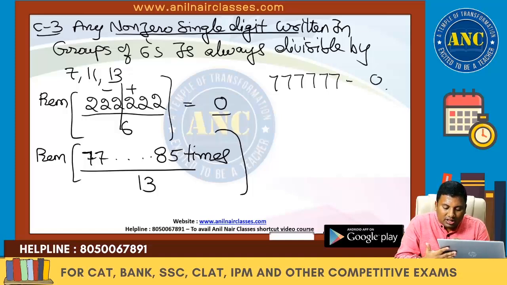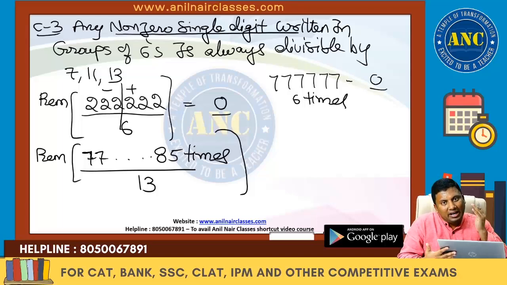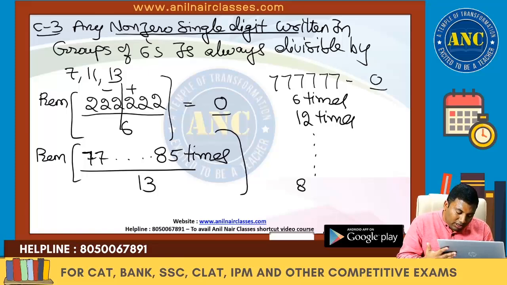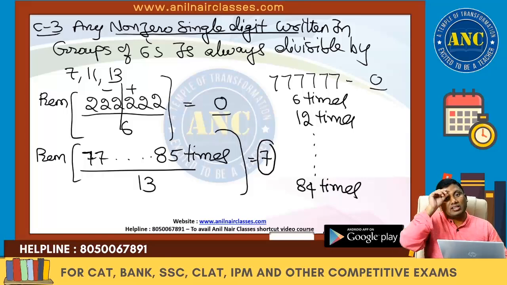So it is 0. 6 times it is 0. Not only 6 times, but any multiple of 6 times it is 0. 12 times it is 0, and so on up to, what is the multiple of 6 till 85? 14 sixes are 84 times, it is 0. What is the remaining? 1, 7 is left.